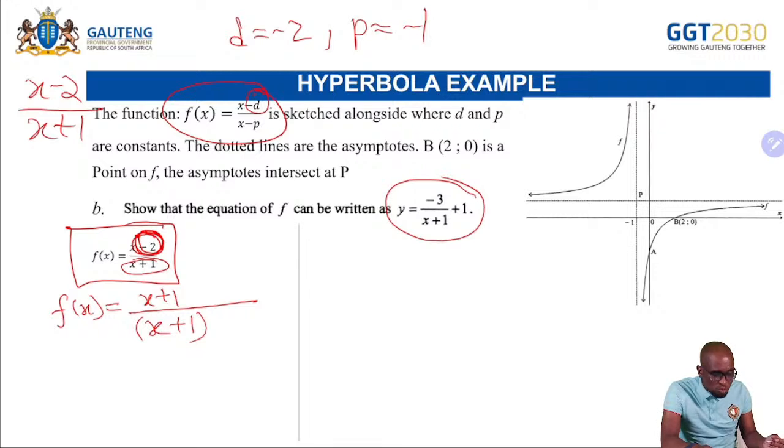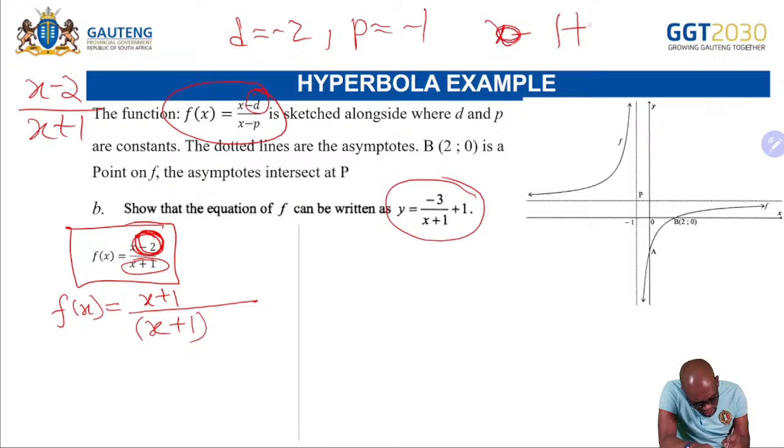So for me to do that, since I'm using the method where I'm guided by the denominator, I will try to locate on the numerator the value of a constant that I should add to 1. What is it that I should add to 1 to get negative 2?